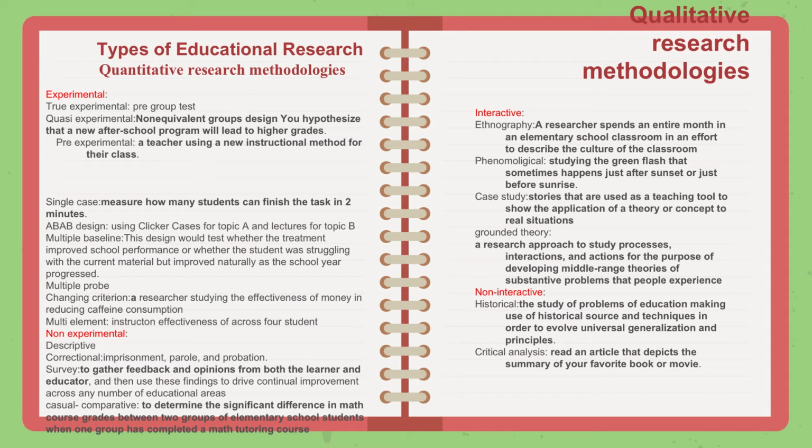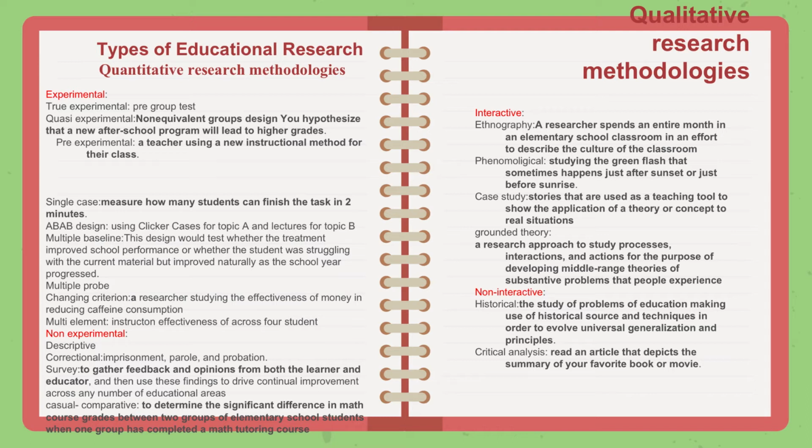In ABAB design, the example is using clicker case for topic A and lecture for topic B. In multiple baseline, the example is this design will test whether the treatment improves school performance or whether the student was struggling with the current material but improved naturally as the school year progressed.